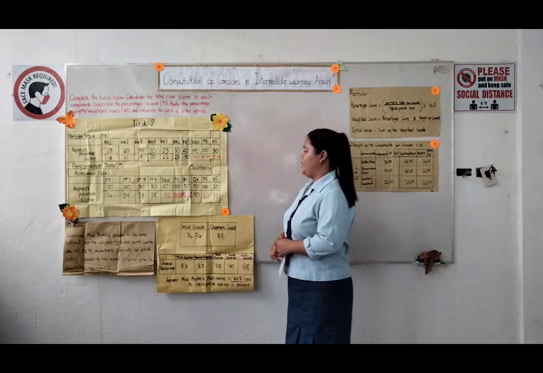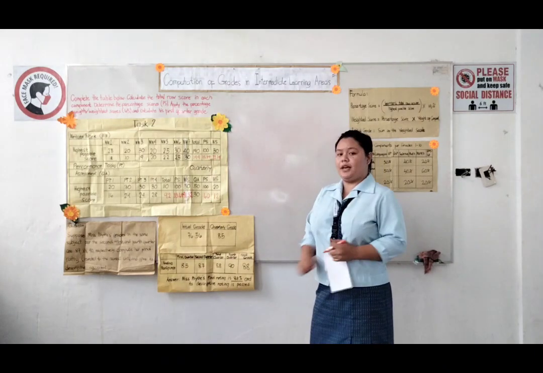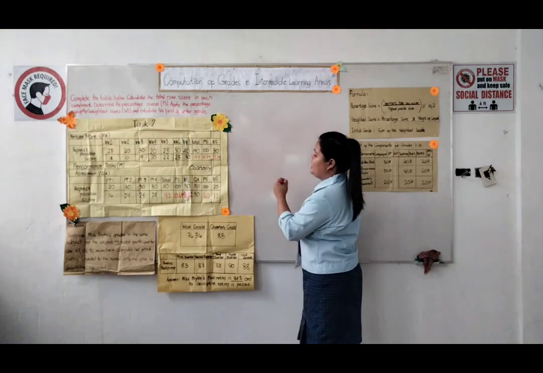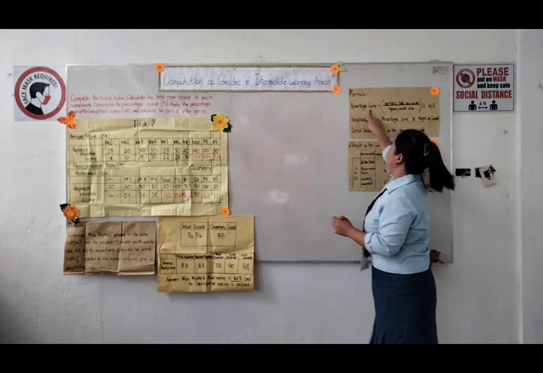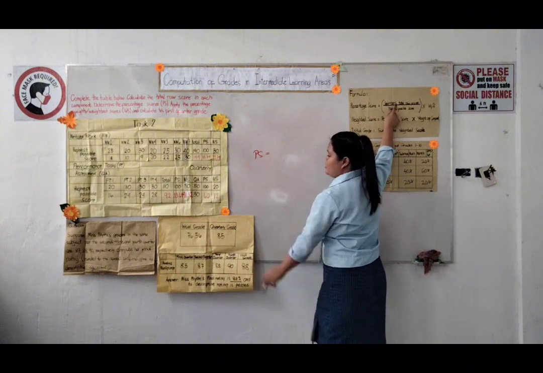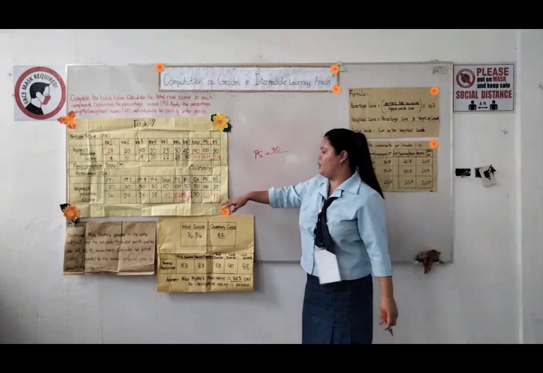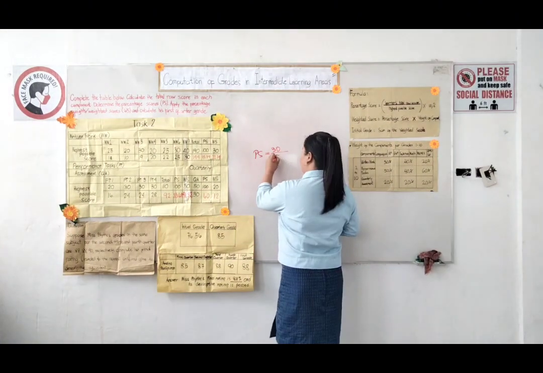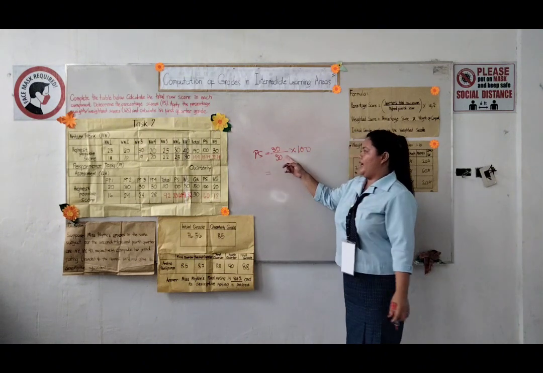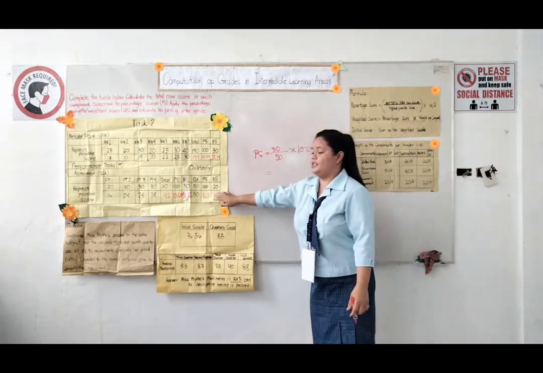In order to get the percentage score of quarterly assessment, same as the performance task, we need to use the formula percentage score equals the learner's total raw score, which is 30, over the highest possible score, which is 50, times 100. So 30 divided by 50 times 100, we have 60.